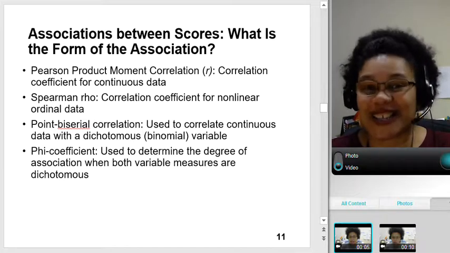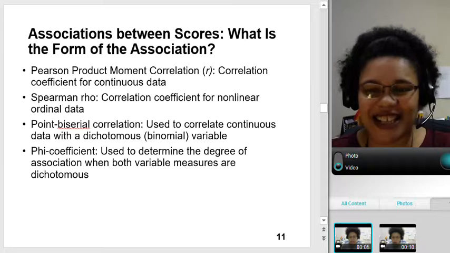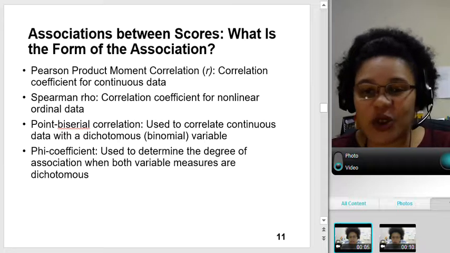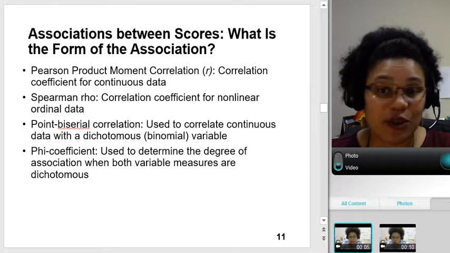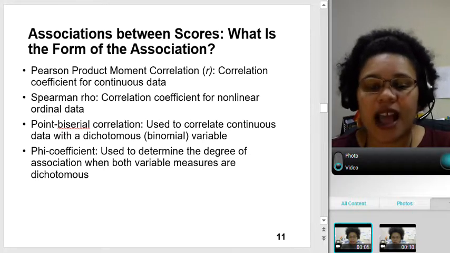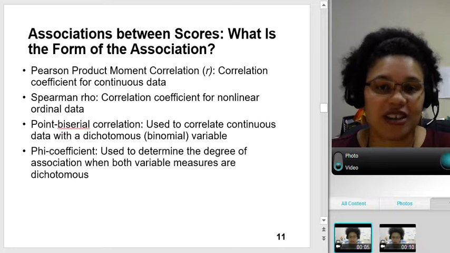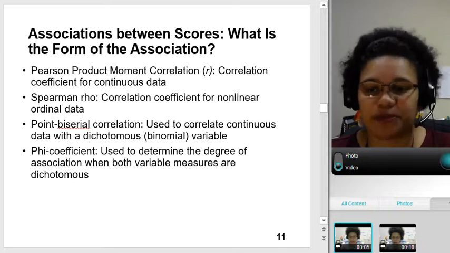And you know what all these things are now from our previous lesson. A point biserial correlation is used to correlate continuous data with a dichotomous or binomial variable. And the phi coefficient is used to determine the degree of association when both variable measures are dichotomous or binomial.